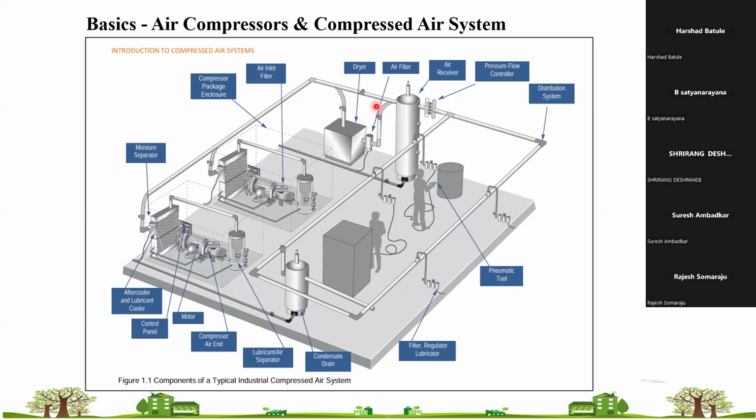where you want to create a buffer. You don't want to pass a pulsating effect, or the load and unload pressures, to the user. So you want to create a buffer, and you place receivers in the system. If you visit large plants that have bigger networks, they have multiple receivers, because they don't want to create a volumetric shock for the user.